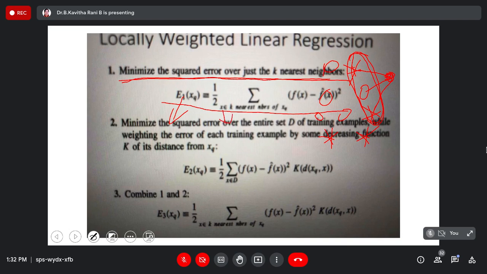You are not considering all the data. You are just considering the set of training examples, not taking the entire set of training examples. You are considering only the k nearest values. So x belongs to the k nearest neighbors of xq, where xq is the new instance.